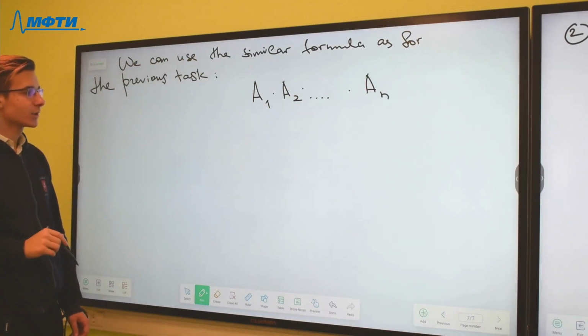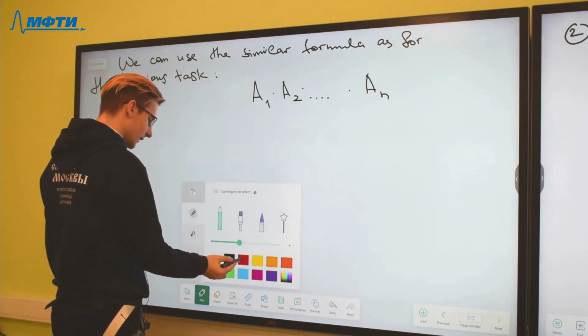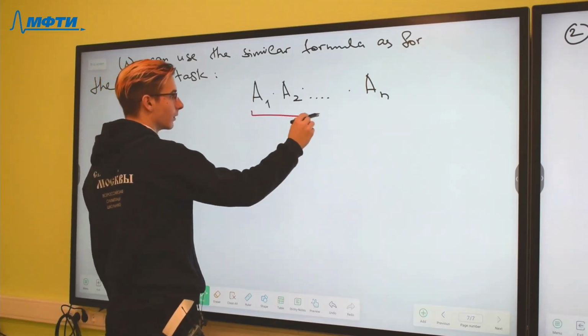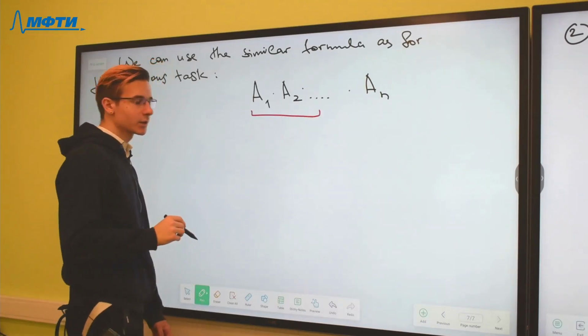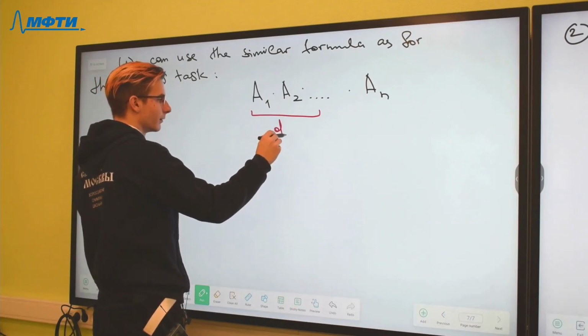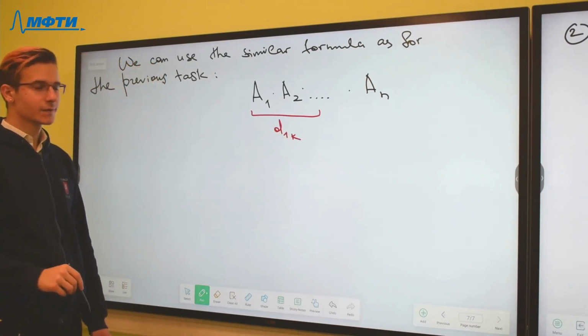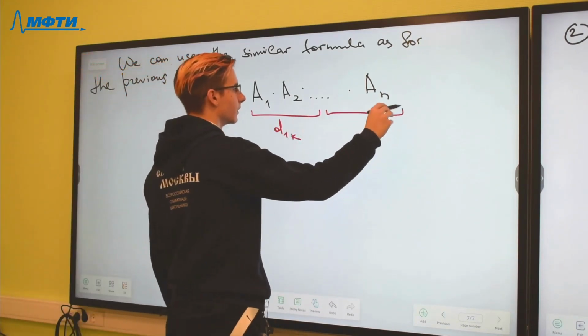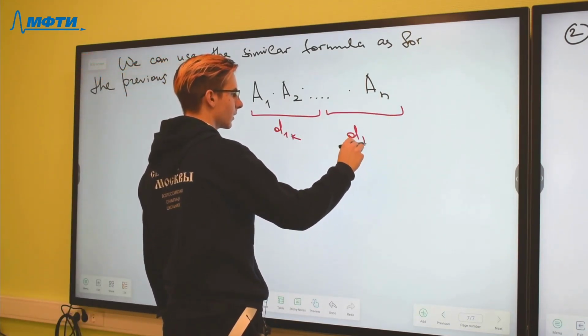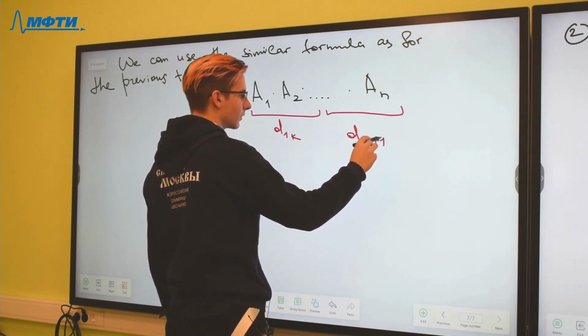It is the multiplication between the answer for these multiplications and the answer for this multiplication.